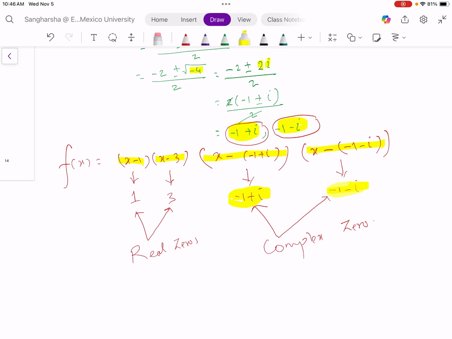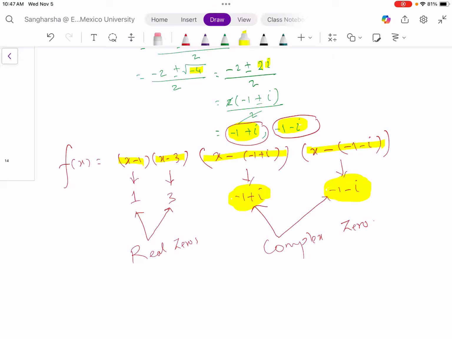What do we call these two complex numbers? These are conjugates of each other. The conjugate of this complex number is this one, and the conjugate of this number is this one. Conjugate means everything is the same except the sign of i. Here i is positive, here i is negative. That's the only difference, but everything else is the same. So these two are conjugate complex numbers.